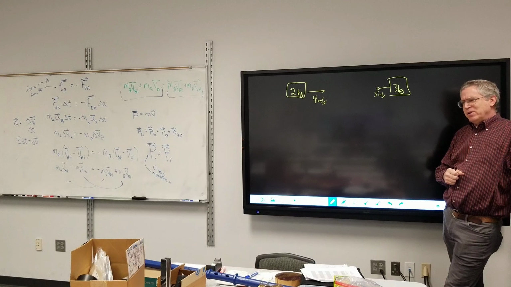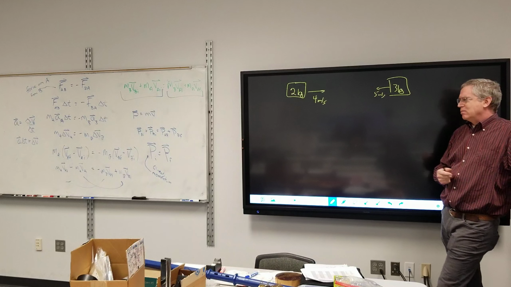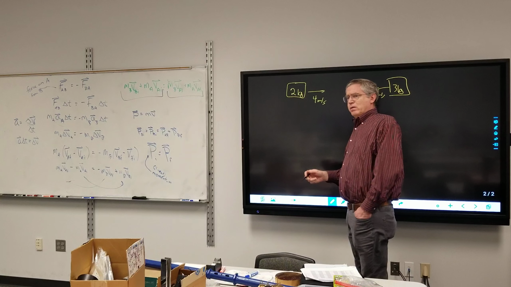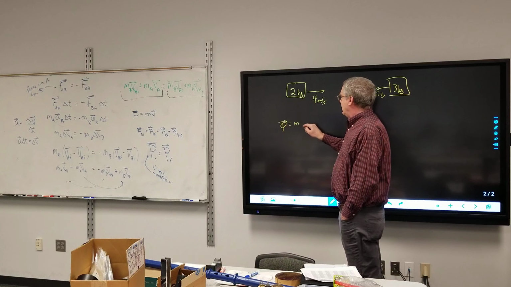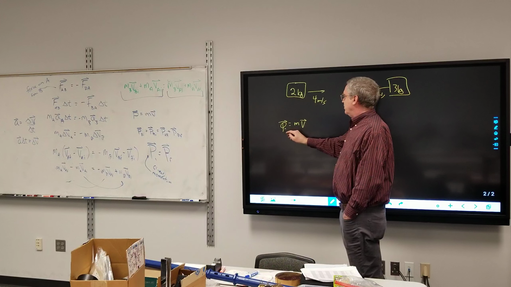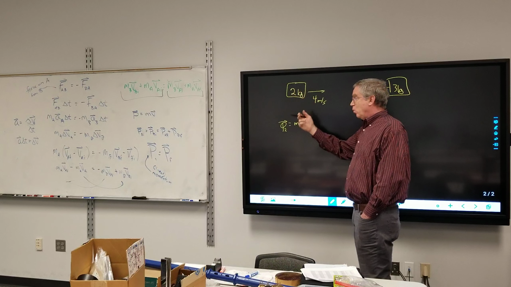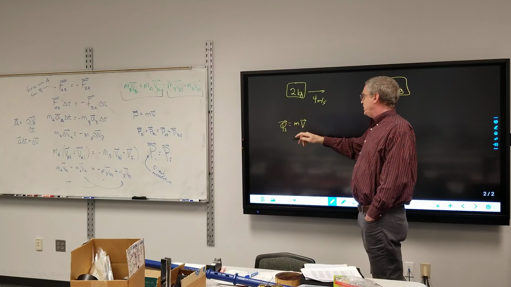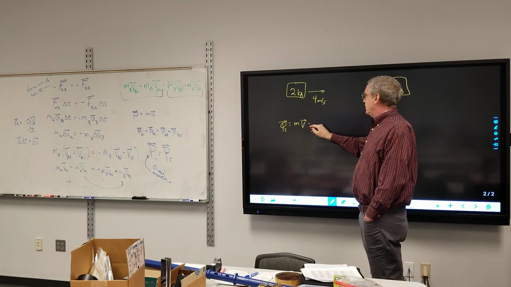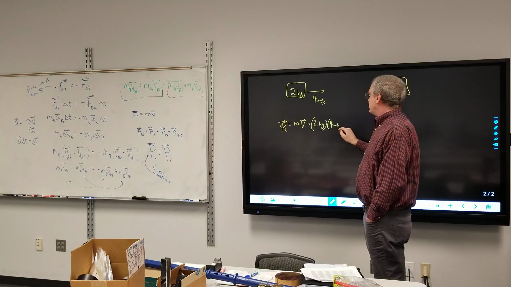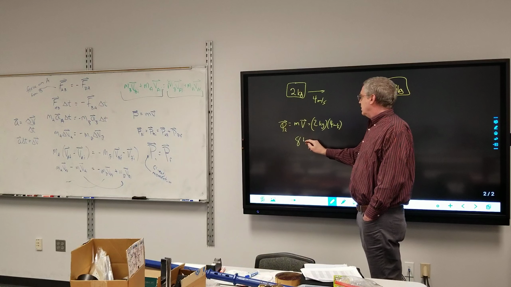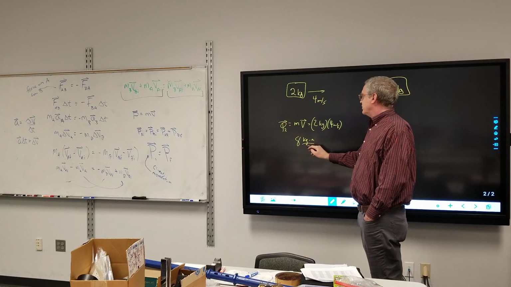Say 8 meters per second times kilograms? Otherwise, that is 8 kilogram meters per second. And I'll do a subscript to differentiate them. So P2, for that particular mass, is 2 kilograms times 4 meters per second, which is 8 kilogram meters per second.